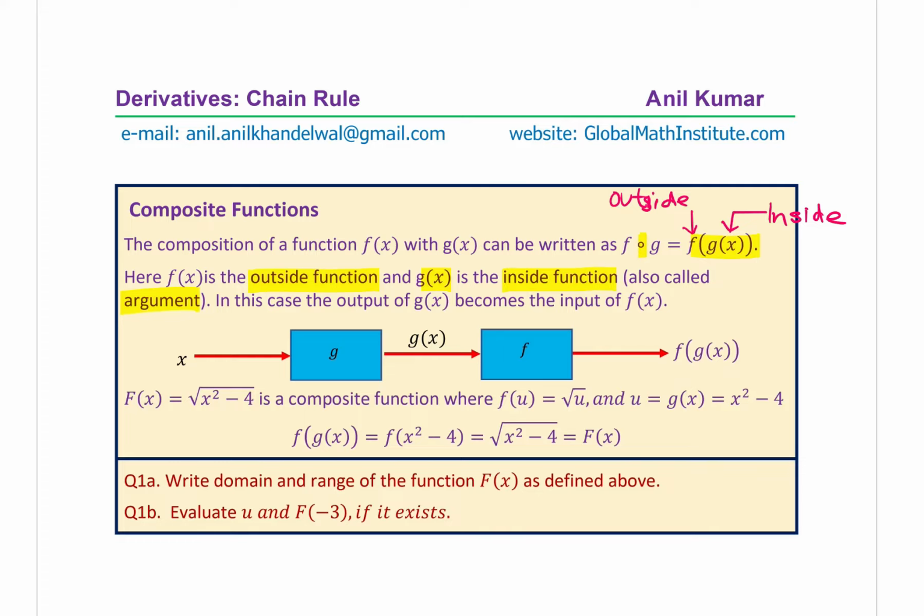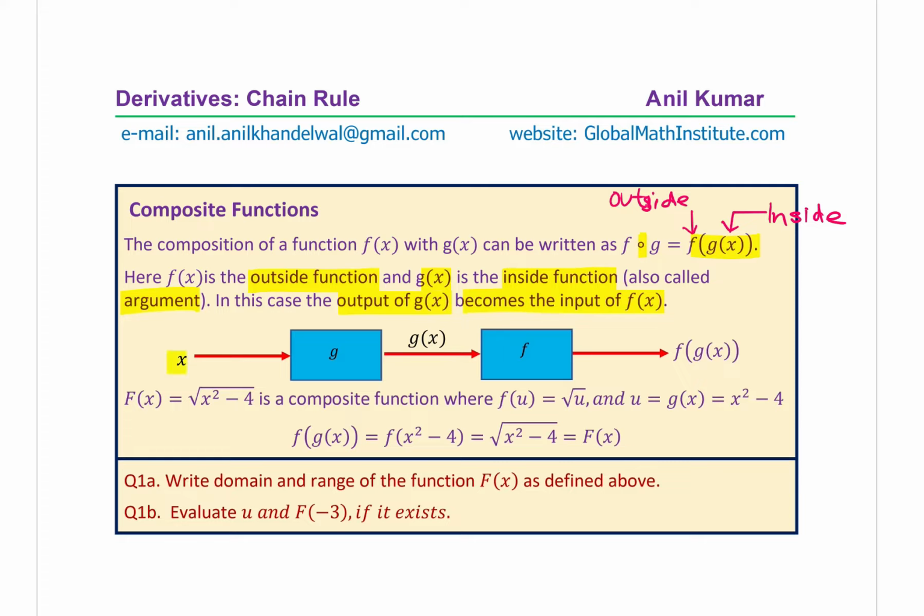Theta is the argument. So when we write f of g of x, it really means that the output of g of x becomes the input to f of x. And in a flow diagram, we can show it as shown here.